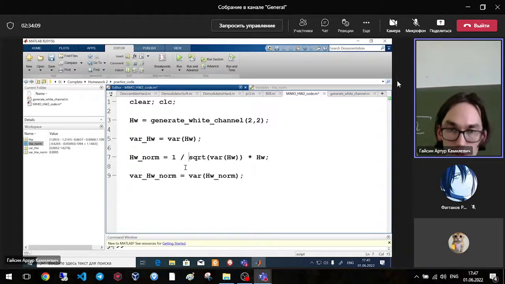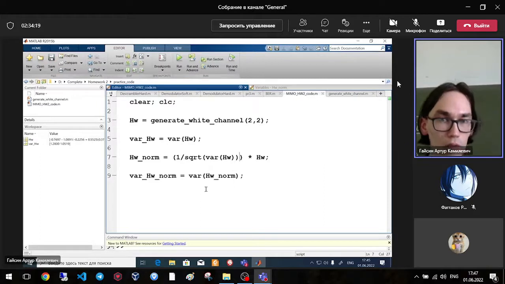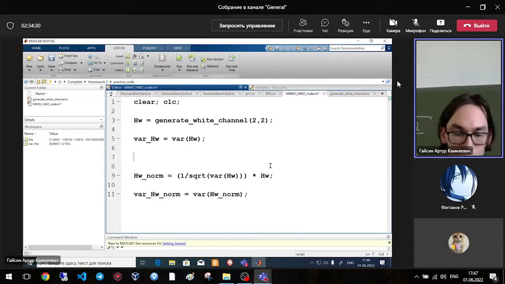Okay, let's try. So we will put this thing into the braces. No, because I think we can write this. Let's maybe write it as a for loop.